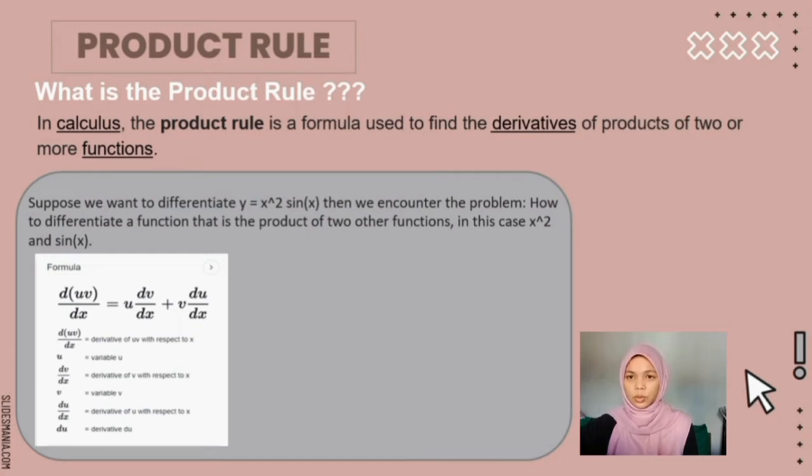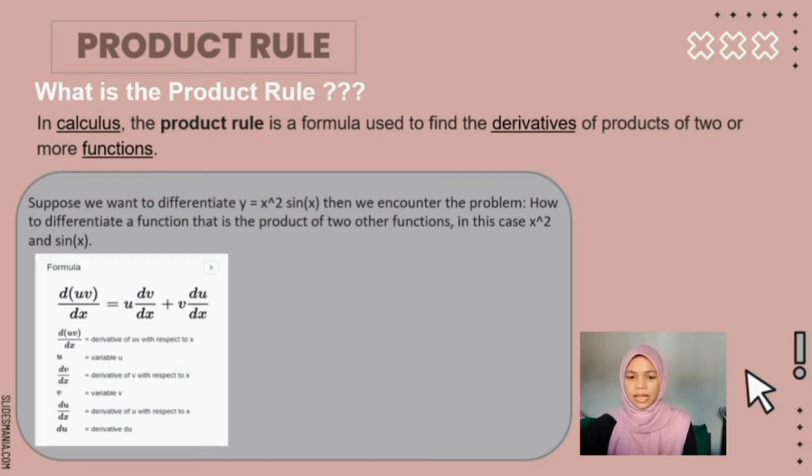In this case, we have two functions. The first function is x to the power of 2, and the second one is sine x. So before we start to solve it, let's look at the formula first. Here is the formula.